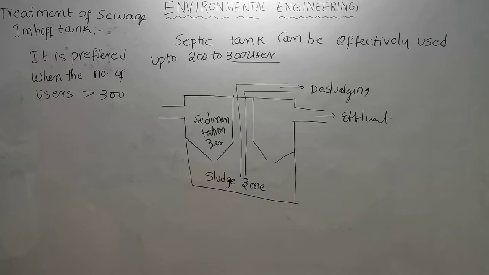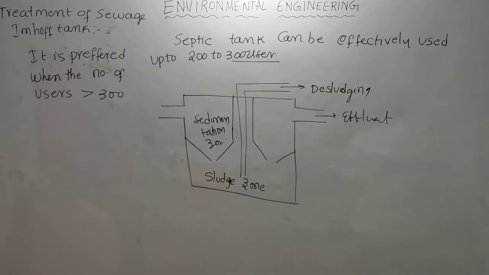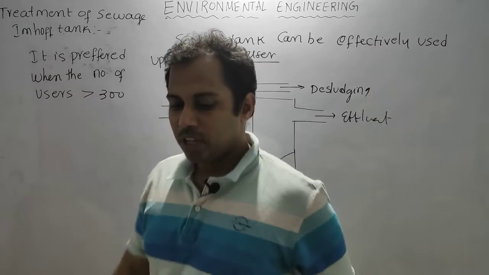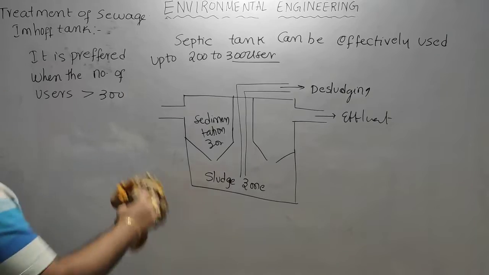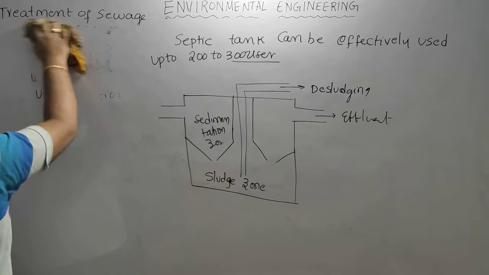So let us move ahead to the last secondary treatment, that is oxidation ponds. See, an oxidation pond is an aerobic device. Oxidation ponds are aerobic devices which are used to remove the BOD, the organic matter.